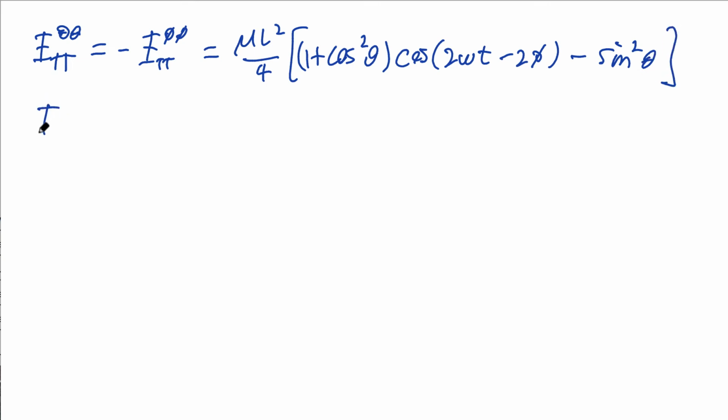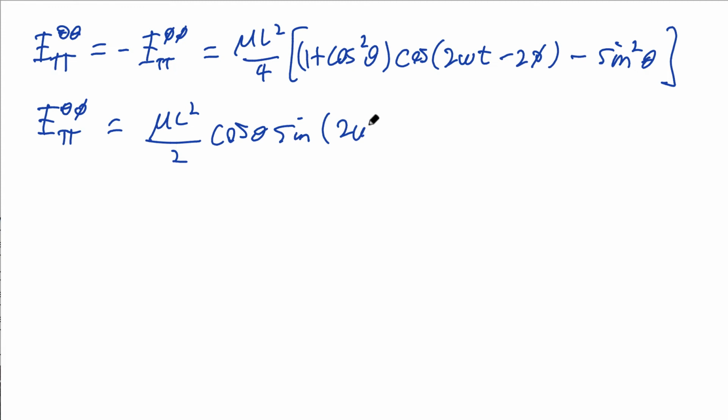And I bar TT theta phi equals mu L squared over 2 times cosine theta times sine of 2 omega t minus 2 phi.